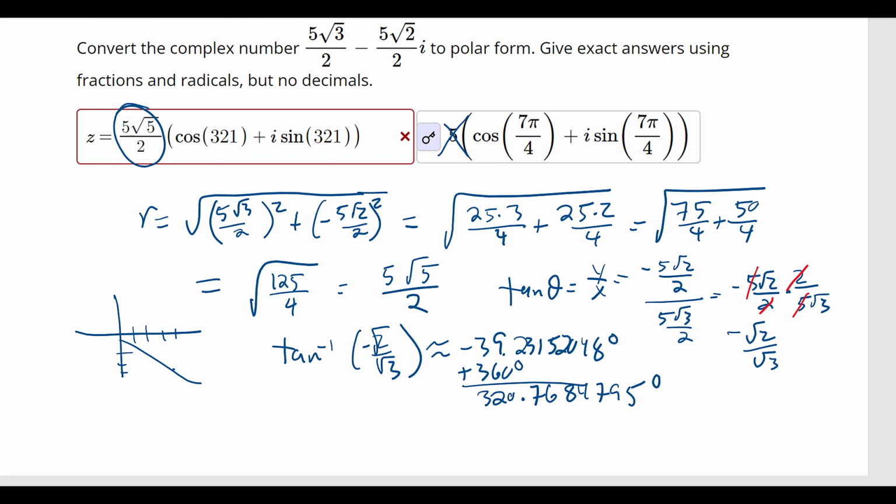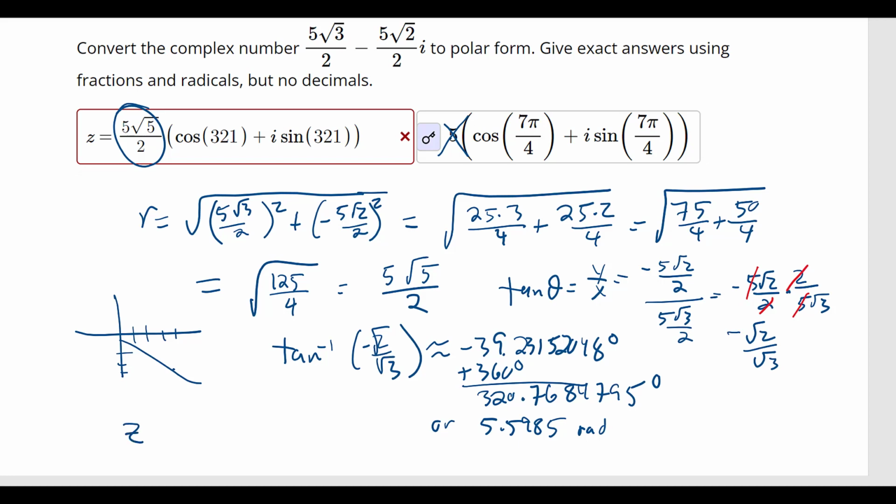And if I did this in radian mode, I'm going to multiply by pi over 180. And I get 5.5985 radians. So I'm willing to go with the answer the student had. So good job to this student, and thank you for bringing this up.